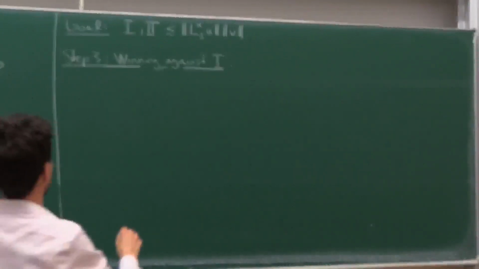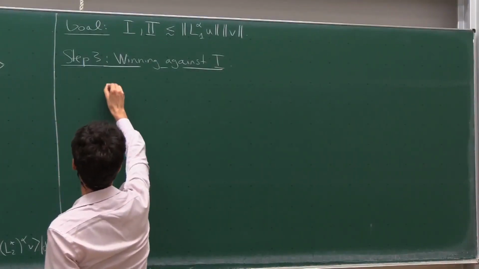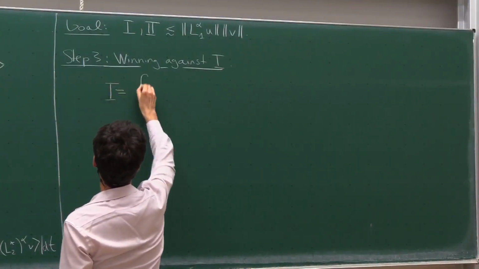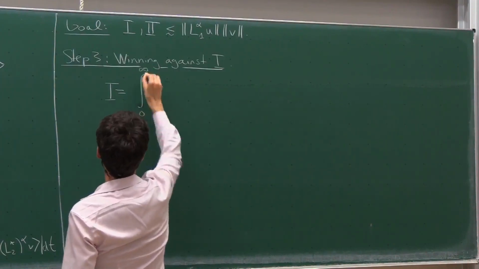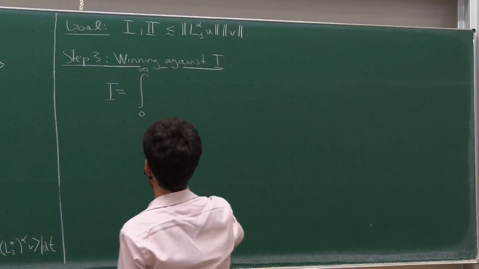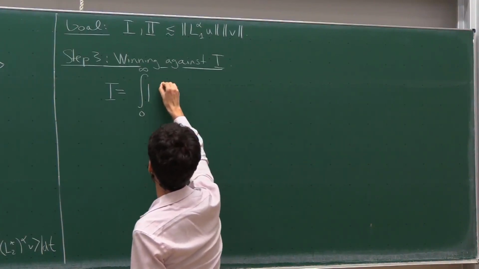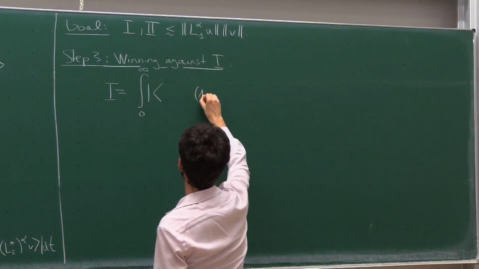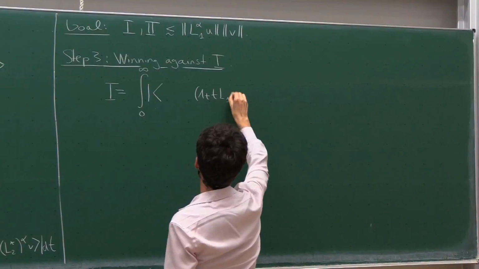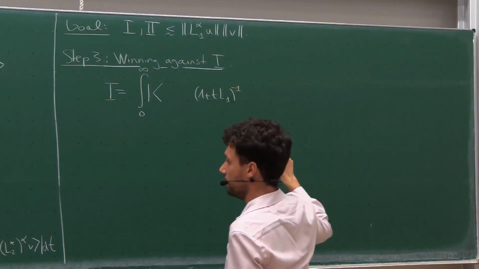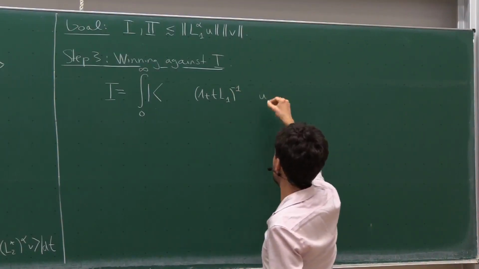How do we win against this term? Let me write out the term again. So it's an integral from 0 to infinity. And then there's some brackets. There's a resolvent, 1 plus t L1 to the minus 1. Then there's u.